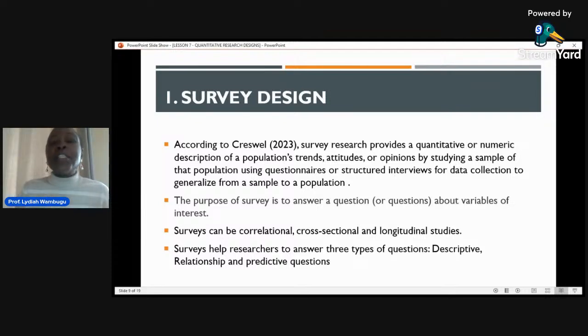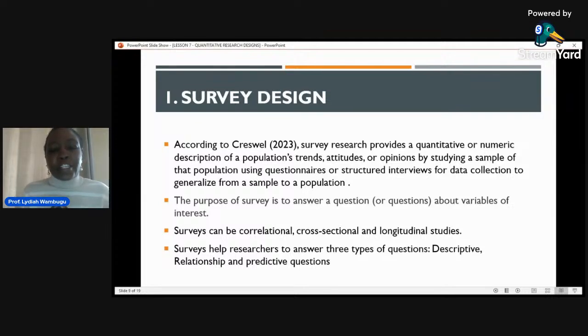Structured interview means there is no probing, there is no in-depth. Structured interviews are actually questionnaires administered orally. So there is no probing, because when you probe, now it becomes qualitative, and survey is quantitative.